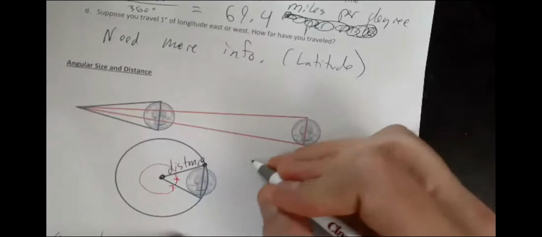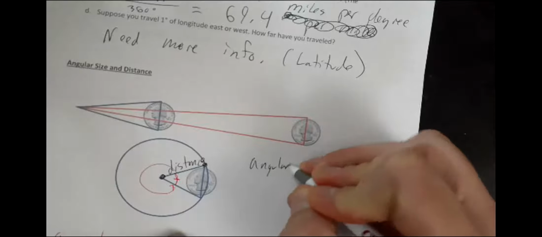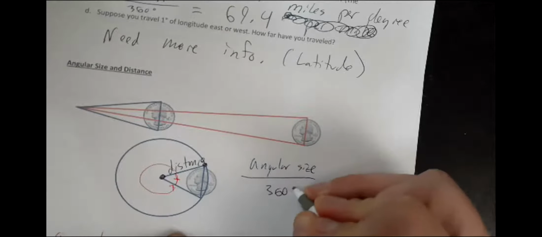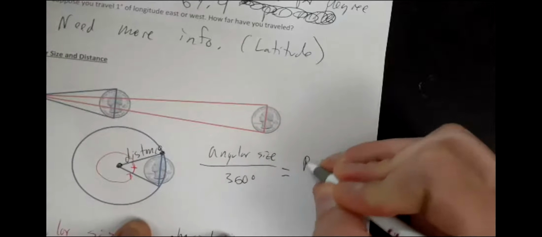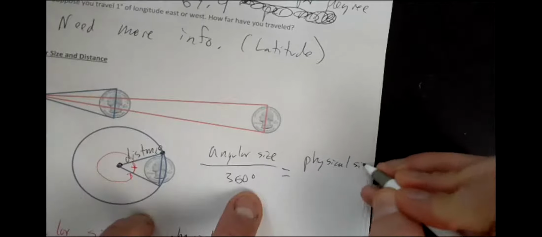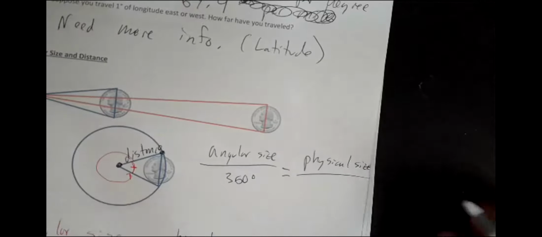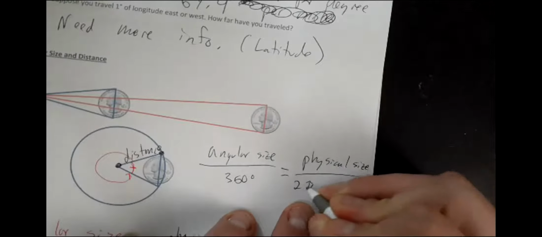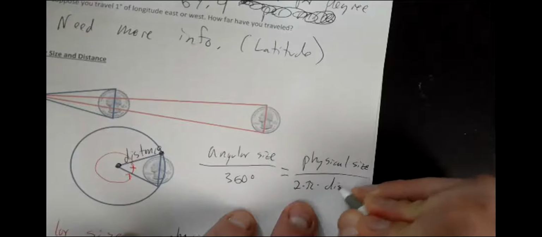What I believe they have in the book is something like size of the object, physical size, as compared to 2 pi distance.